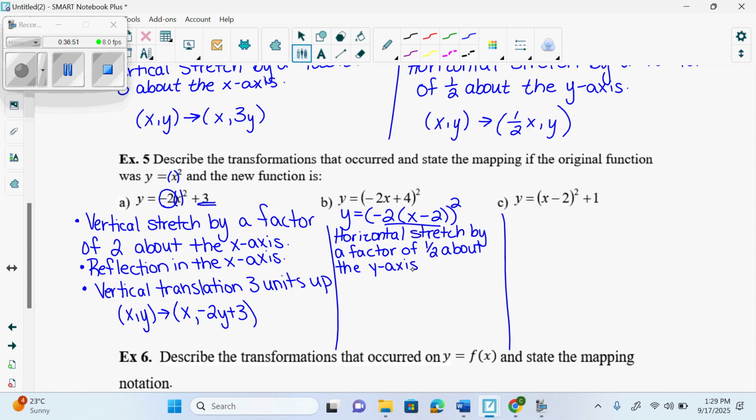Then we have the negative involved. What is that? That's a reflection in the y-axis. What is the last one? Horizontal translation, 2 units right.